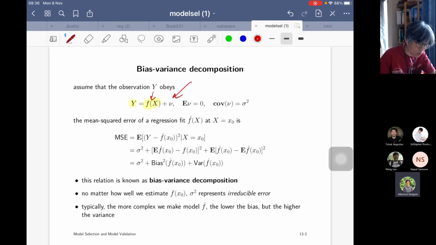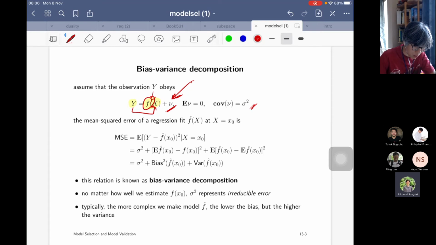This model is called linear additive noise, because it says that your y is a function of x, but there's a noise corrupted in this model in a linear way, plus nu. This nu is modeled to have zero mean and variance of sigma square.